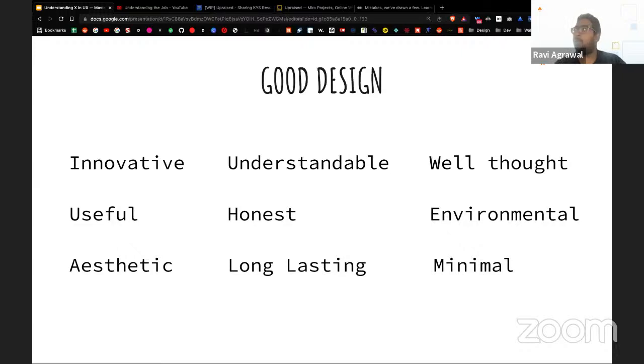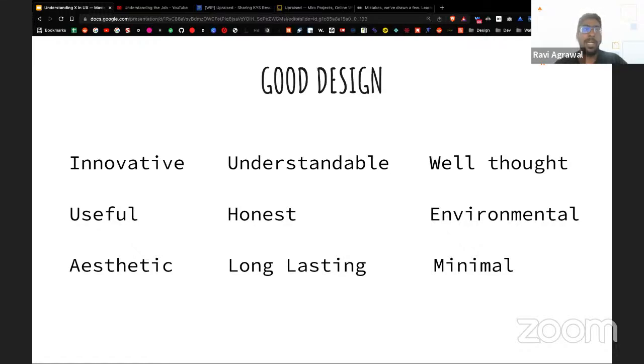And good design is minimal because it helps you focus and get the job done without eating away into your attention for a long time. One key example of this would be the Google search page. The moment you enter the Google search page, the only thing that you do is search. You're not distracted. You're not doing 100 different things there.